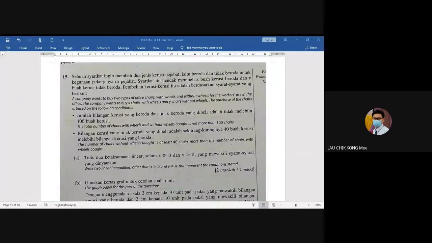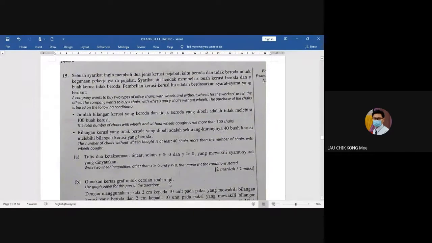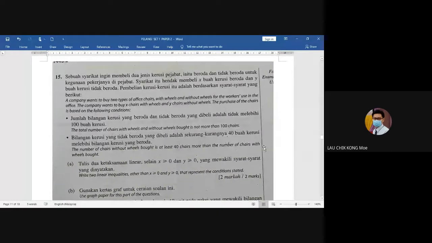Okay. So last Friday we stopped at question number 14, right? Now we go to question number 15. A company wants to buy 2 types of office chair, with wheels and without wheels, for the workers used in the office.